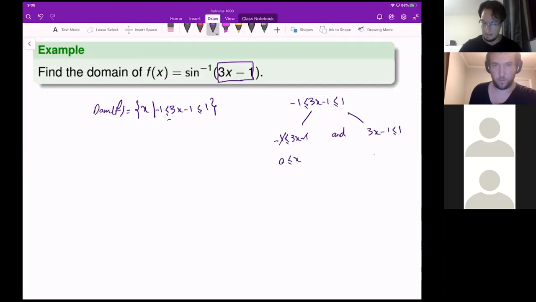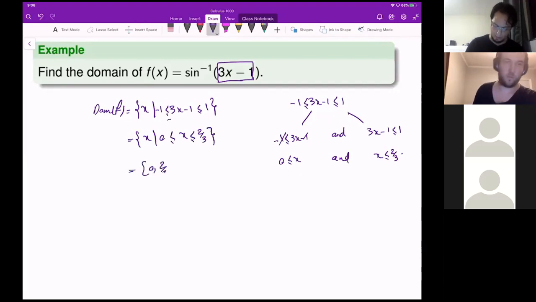And here we have x is less than 2/3. So this is and, so we are looking for all x's such that x is between 0 and 2/3, which will give us the interval (0, 2/3). So that is the domain of that function.